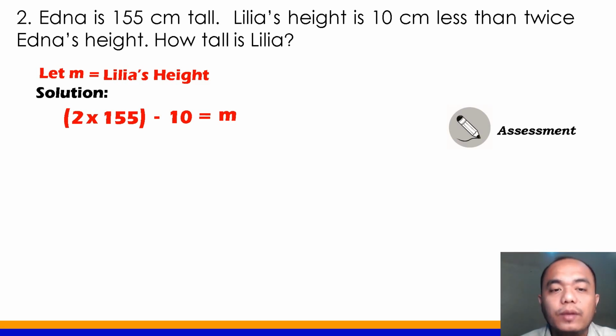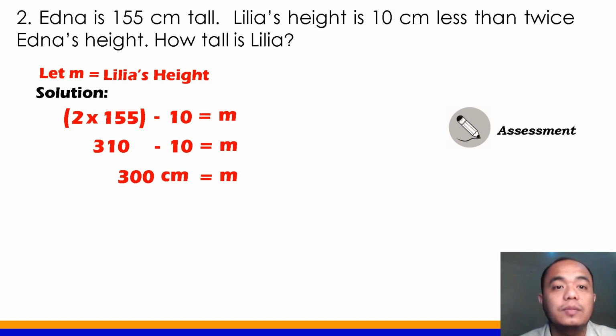So, 2 times 155, how much? Yes, that's 310. Minus 10. Correct. Equals m. 310 minus 10 equals 300. So, 300 centimeter, lagyan natin ng centimeter kasi yung binigay dyan sa ating problem. This will represent Lilia's height. Okay? So let us check.